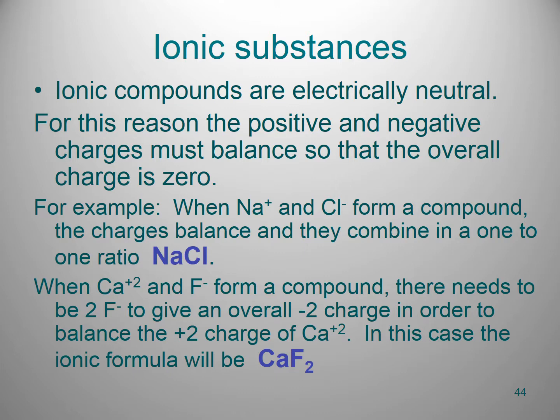The only way that we can have a -2 charge from the fluorines is to have two of them. Each gives a -1 for a total of -2, so the charges will be balanced. So the ionic formula is CaF2, because we need two fluorines to balance with every calcium in order to have a neutral compound.